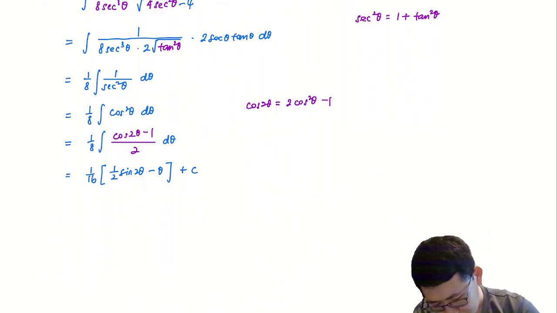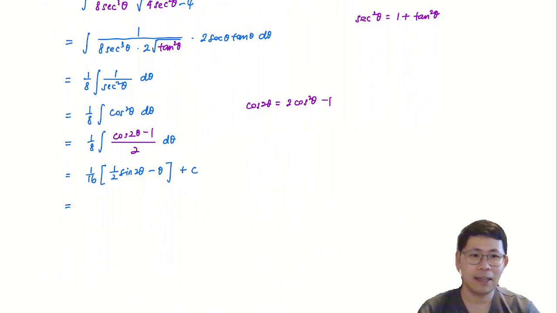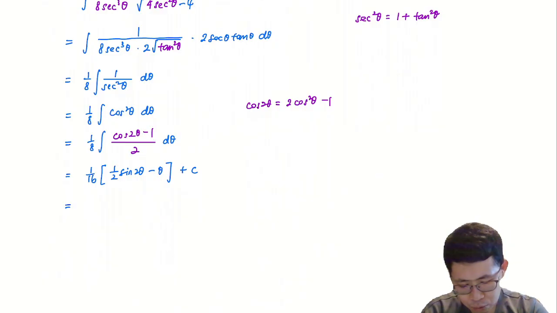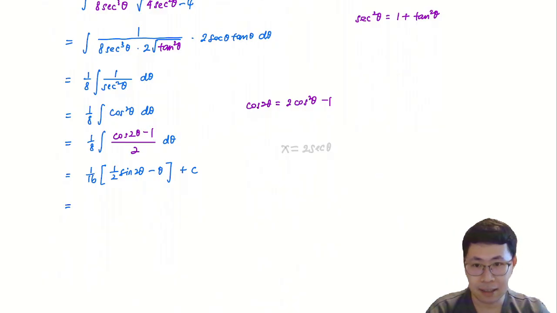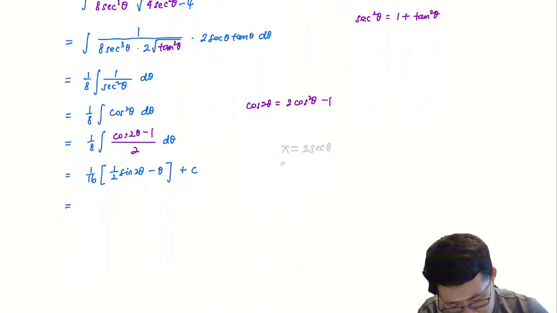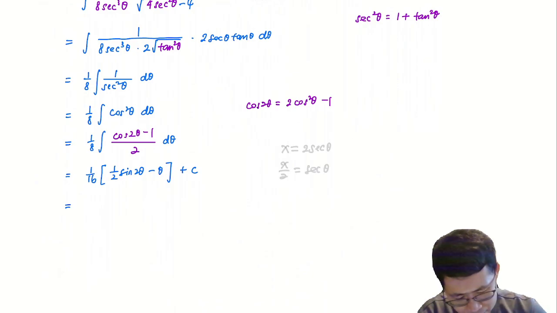Okay, so with this, right, the standard technique for trigo substitution actually, right, is to recall the earlier substitution that we made. Okay, so x equals to 2 secant theta. So x over 2 would become secant theta, right?